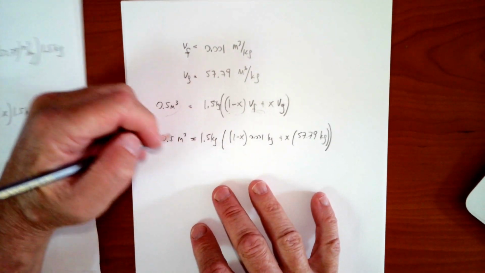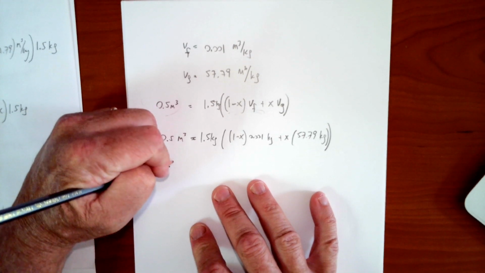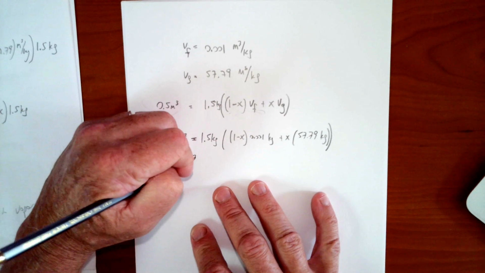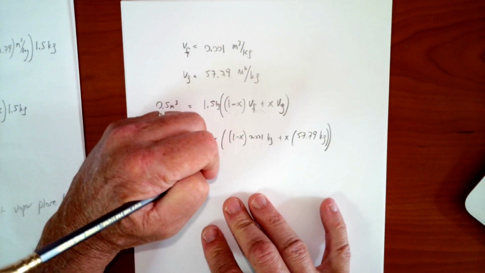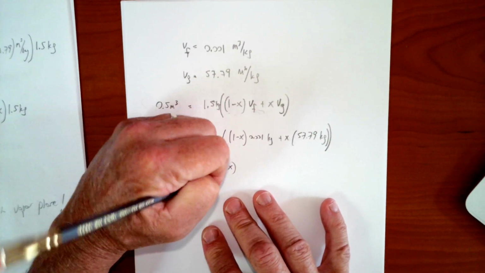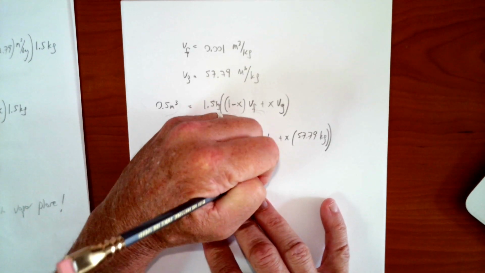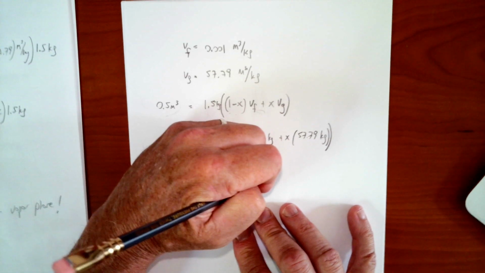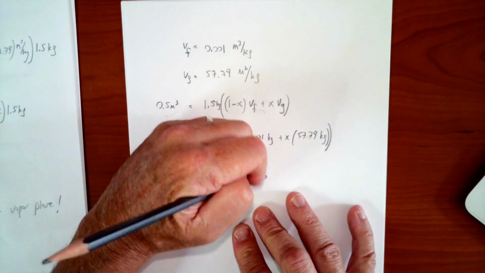First I'm going to bring the 1.5 over to the other side: 0.333 meters cubed per kilogram has to equal 1 minus X times 0.001 meters cubed per kilogram.